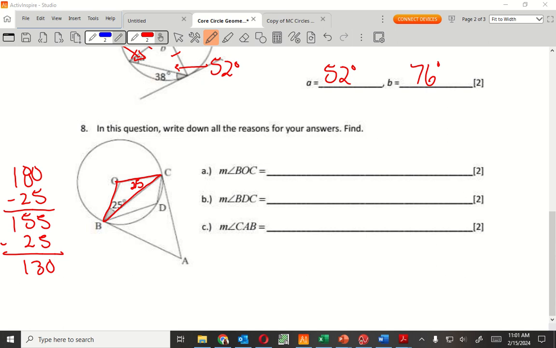So it's 130, right? Because I subtracted my 25 twice. So right here, BOC is going to be 130. So my angle right here, 130.